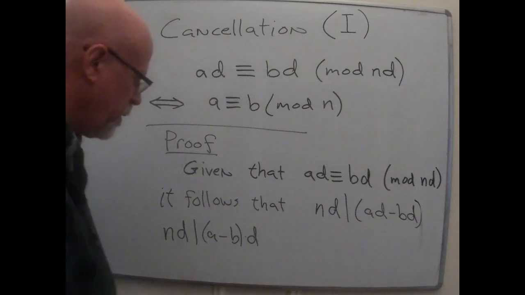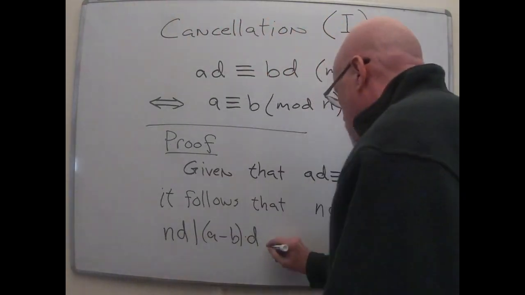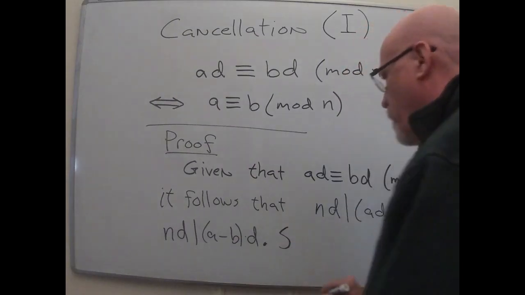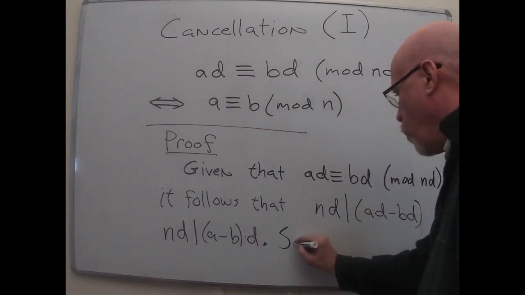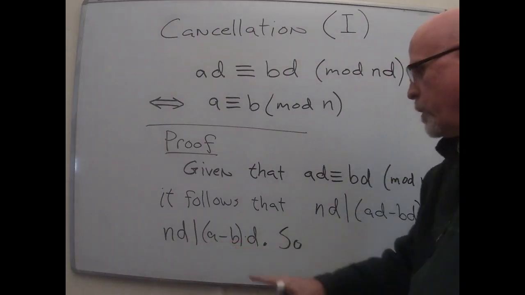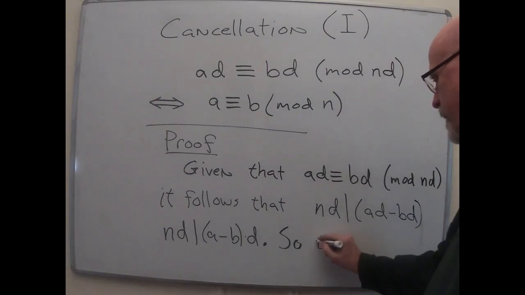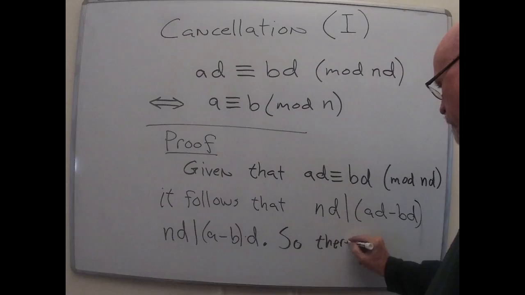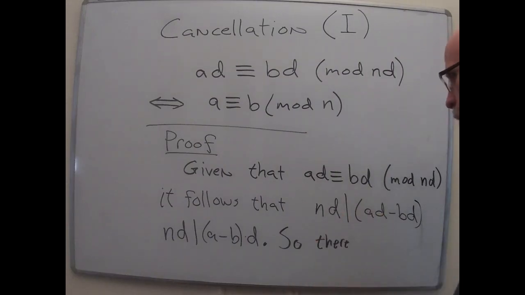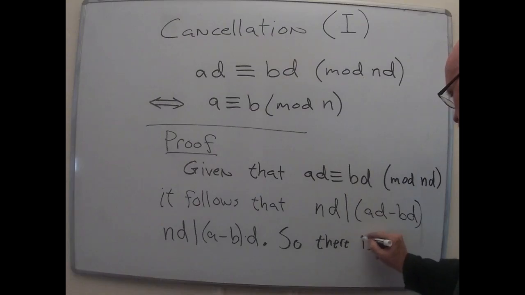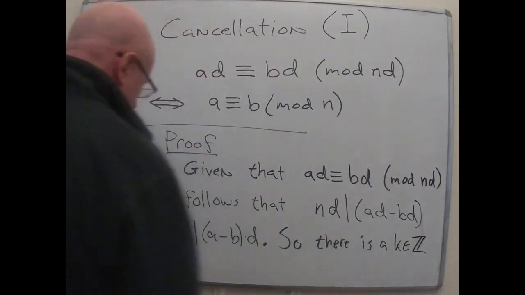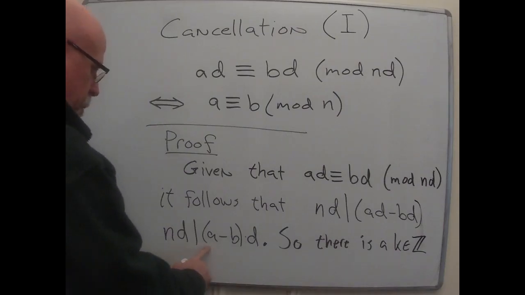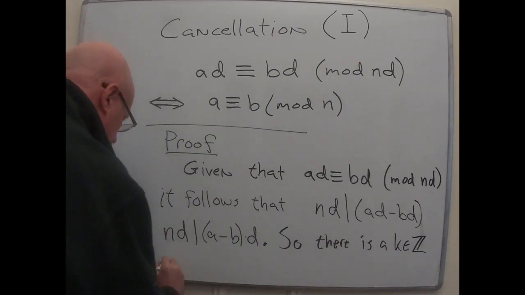Maybe we can't see that, so let me fill in a mini version of that argument. What does it mean for one number to divide into another? Well, it means there is an integer that is the factor. That is, there is a k in the integers where nd times k gives me a minus b times d.